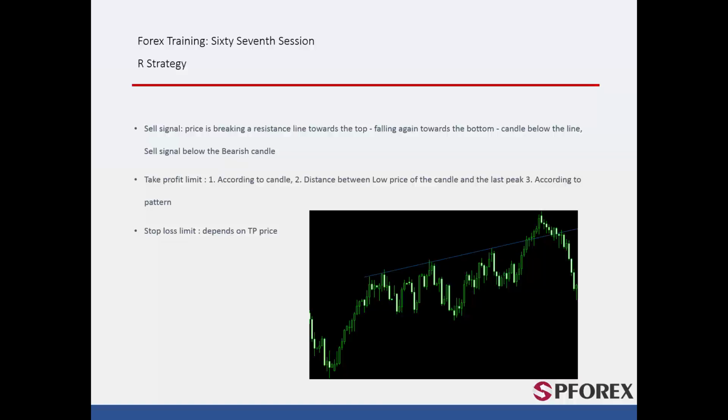1. The length of a bearish candle that forms below a resistance line equals x1. Thus, the first TP price can be x1 pips lower than the entry price. 2. The distance between a low price of a given candle and a high price of the candle on the last peak equals x2.